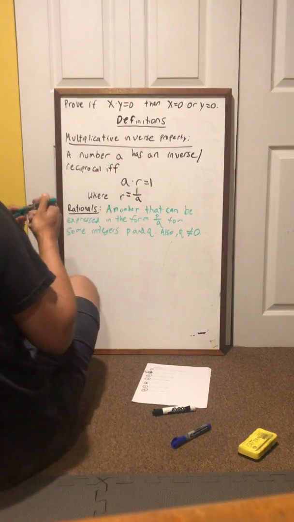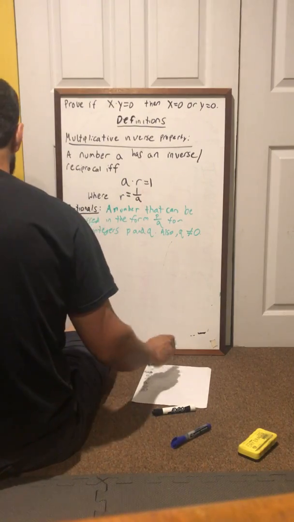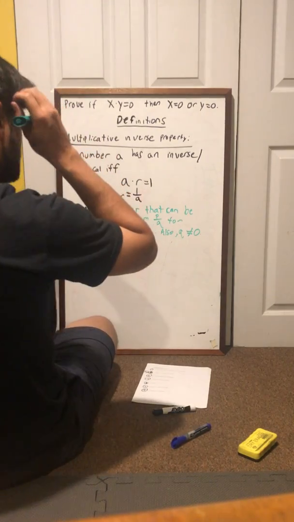Okay, so we can't have Q in the denominator. Or we can't have a 0 in the denominator. All right?